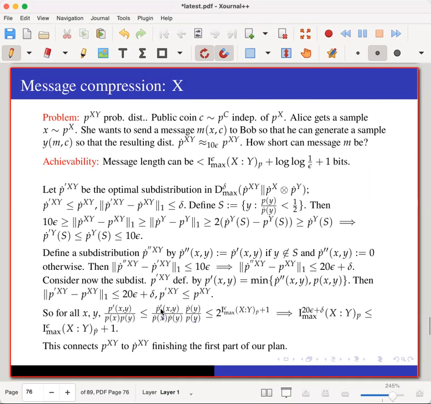And what do I have about P dot prime by P dot x times P dot y? Now, I know that P dot prime is the optimal subdistribution in this smoothed quantity.